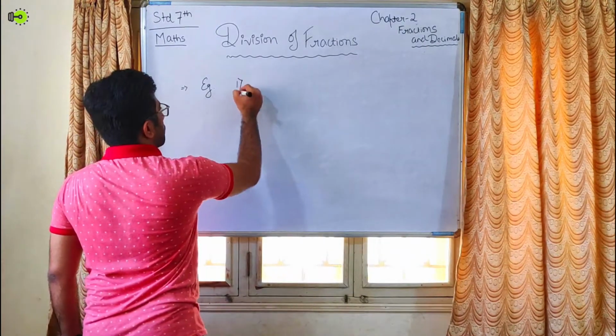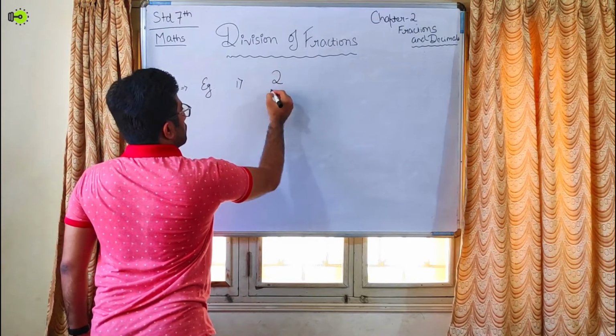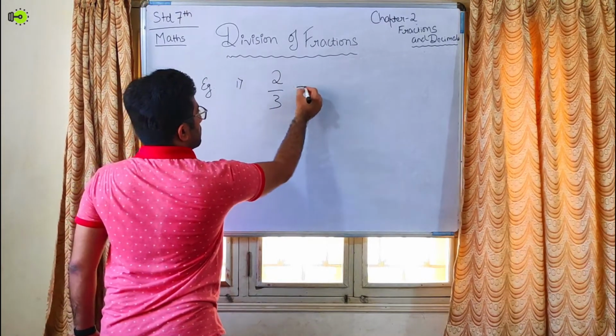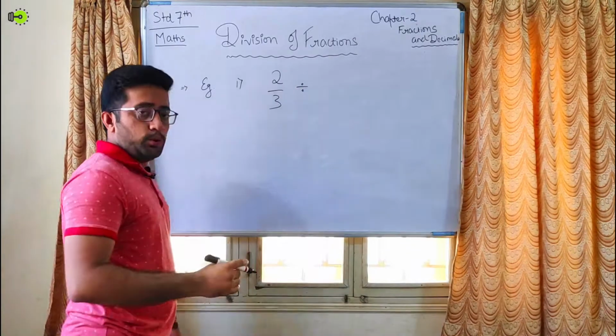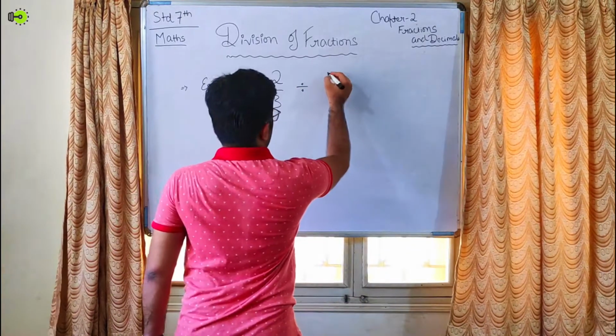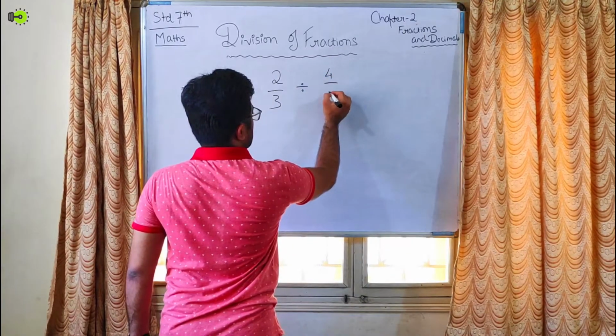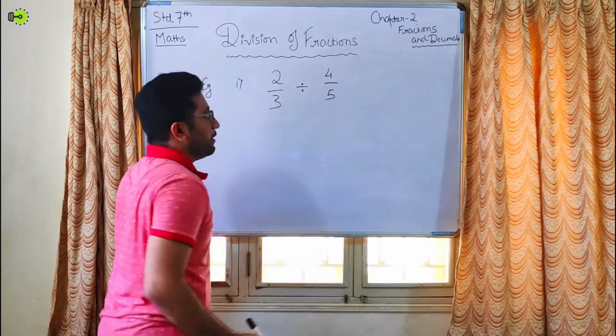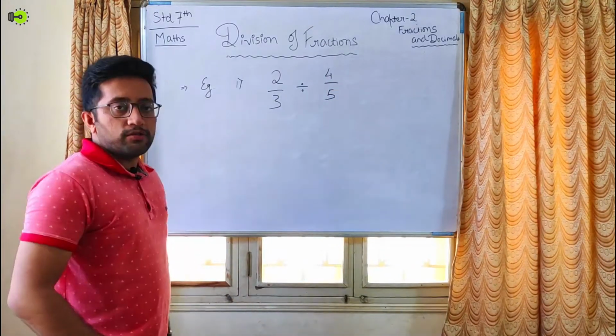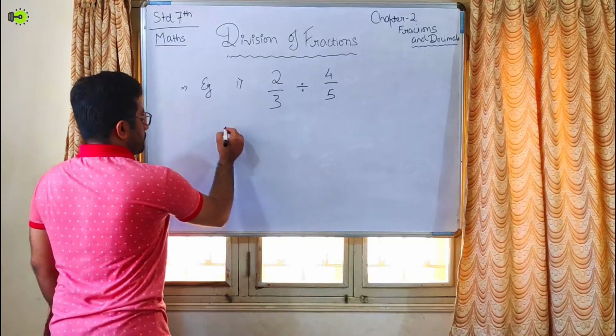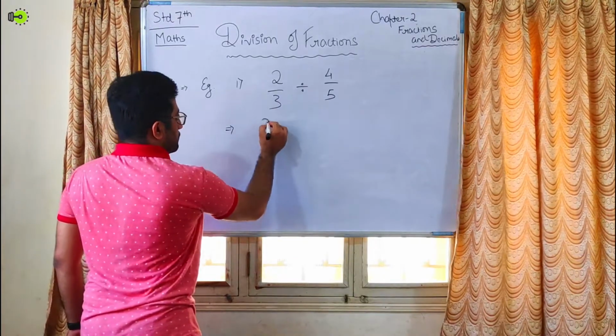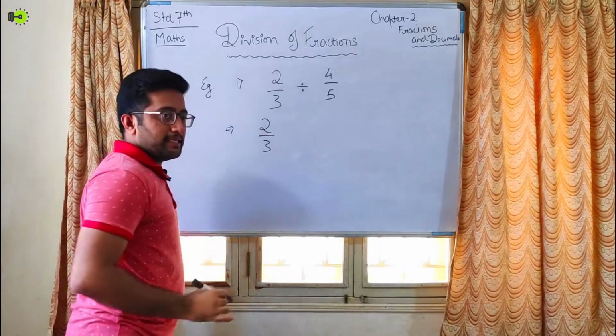So number 1 is 2 by 3 divided by 4 by 5. Okay, now this is a very simple case of division. Now what we will do is we will write 2 by 3 as it is.